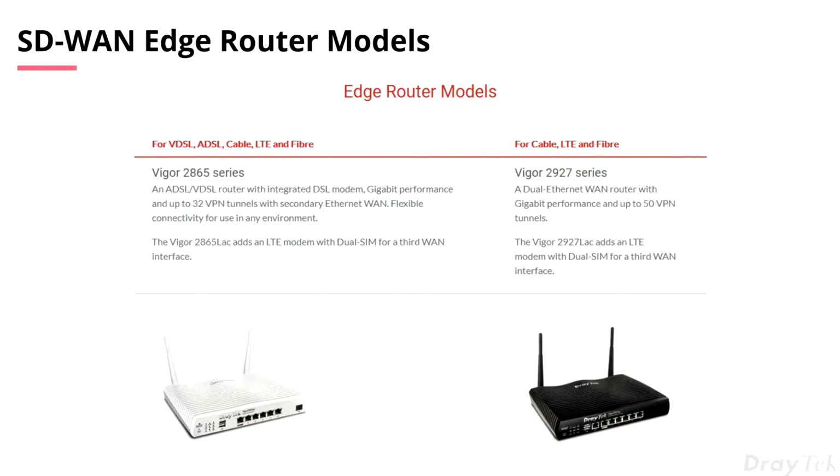We've also, on the roadmap, got plans to add support for the 2765, 2962 and 3910, and other models that we launch in the future will likely support SD-WAN as well. The firmware that's currently on the 65 and 2927 is the firmware that currently supports SD-WAN.